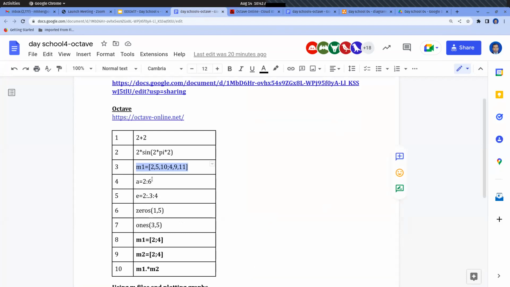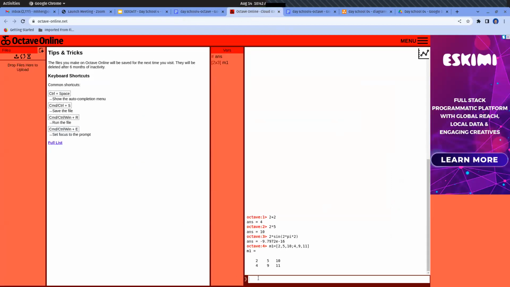And this one is 2 to 6. A is equal to 2:6. That means it will print 2, 3, 4, 5, 6.